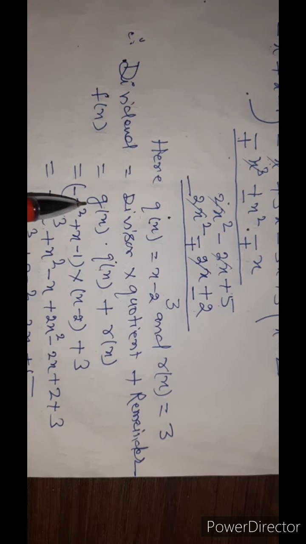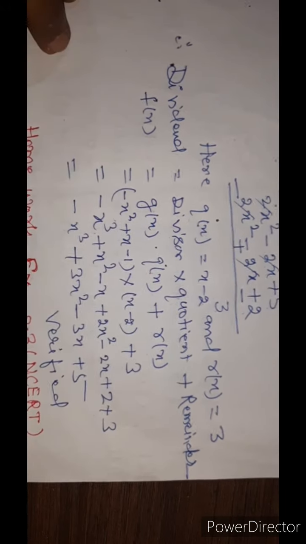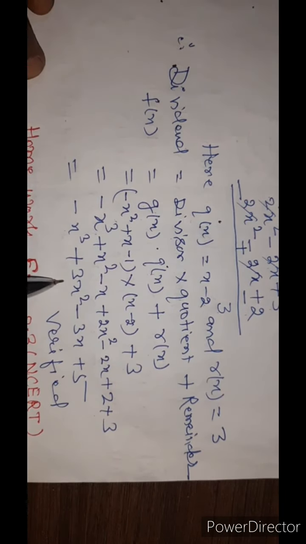After putting g of x as minus x square plus x minus 1, and we have the quotient x minus 2 and remainder 3, after multiplying these two and simplifying, we get the dividend minus x cube plus 3x square minus 3x plus 5. So this verifies the division algorithm of polynomial.